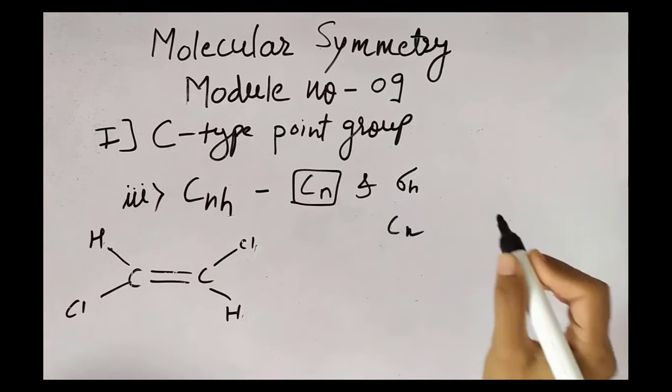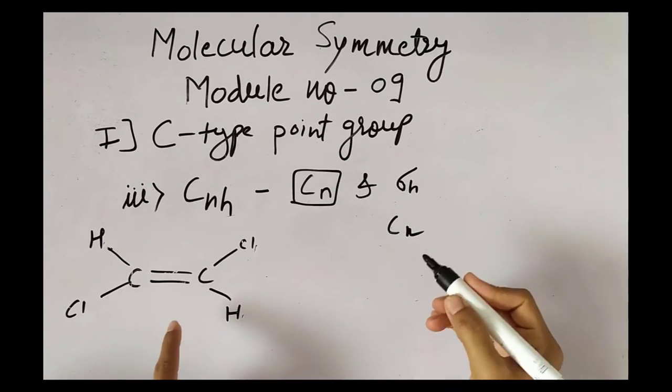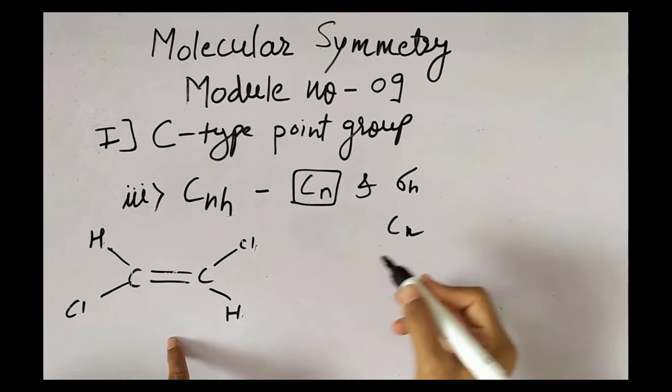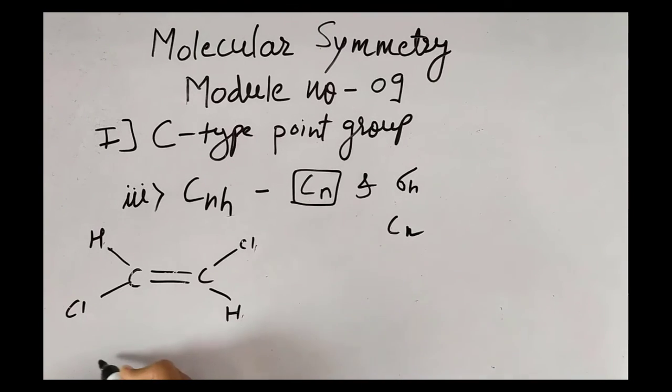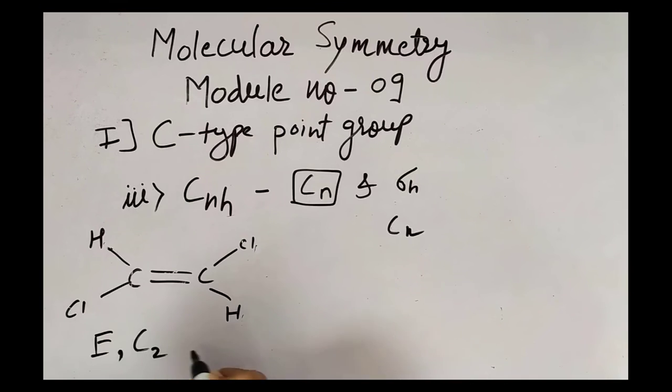After Cn, which symmetry element do we try to find out according to the sequence that I have told you? Identity is of course there in this molecule, or in every molecule. What is the next symmetry element that we got just now? C2, which is the principal axis.